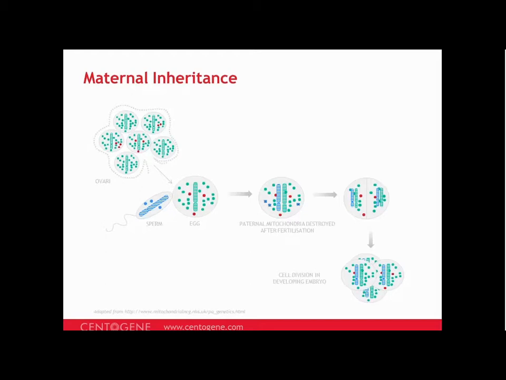And we have 3 terms here: homoplasmy, heteroplasmy, and the threshold effect. Each human cell contains thousands of copies of mitochondrial DNA, and at birth, these are usually all identical. So the situation is called homoplasmy.